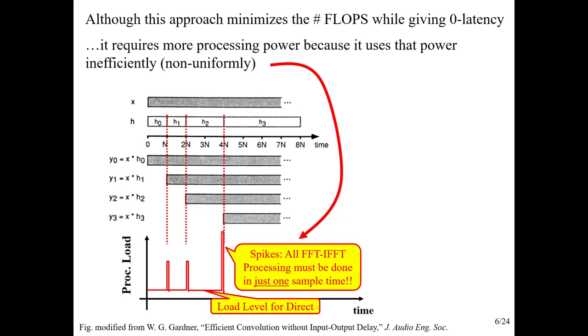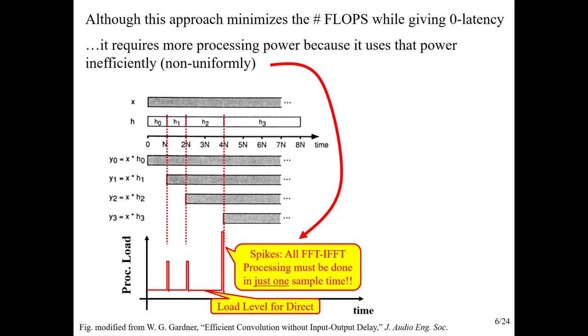That's the load level for the direct form doing Y0. But while we're doing that, we're collecting samples for our first output block of Y1. Once we finish, we've got one sample interval to do all the computation. So there is a width of one sample interval, and I had to work super hard to do that.